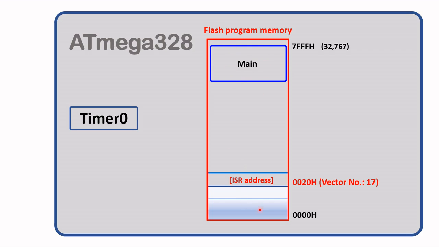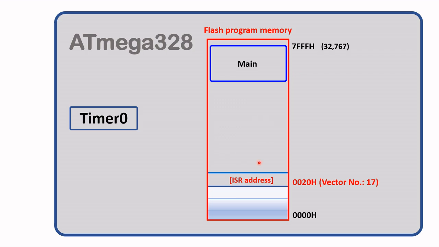This portion here is location 0000 hexa, that's the bottom of the flash memory. And then at the top of the flash memory is 7FFF hexa, that is 32,767 in decimal.